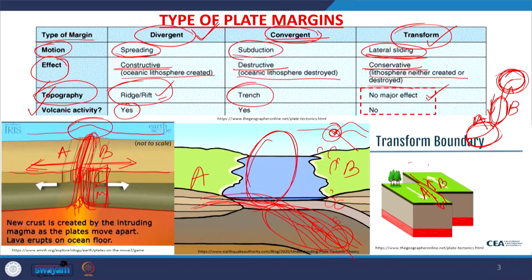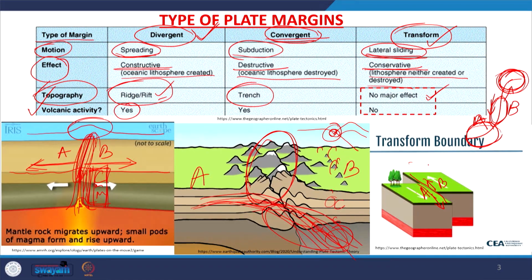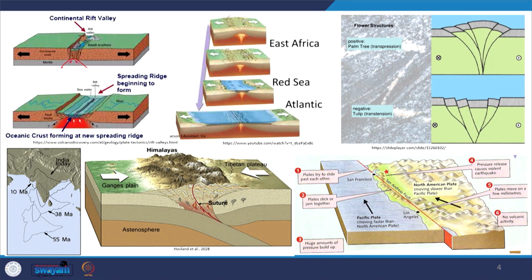So, these are the broad differences between the different types of plate margins. Here, it has been explained diagrammatically. If you see here, this is the initial stage of rift generation.